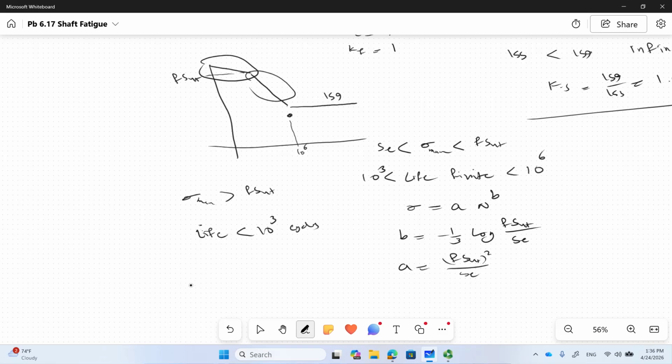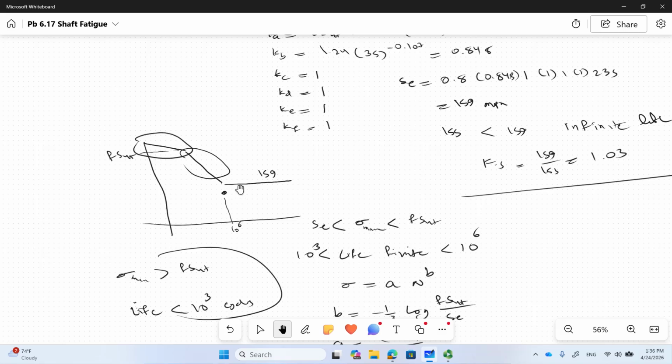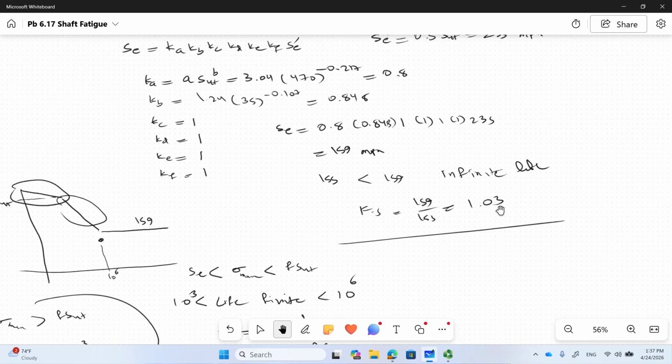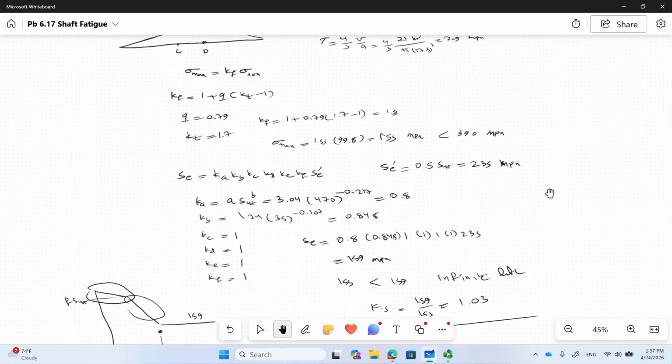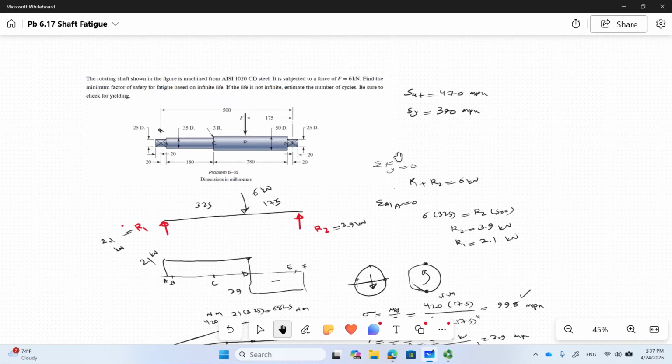You don't need to find the number. Just say life is less than 1,000 cycles, and life is finite. This is what you do. But for our case, again, I repeat, we were here, so life is infinite with factor of safety of 1.03.